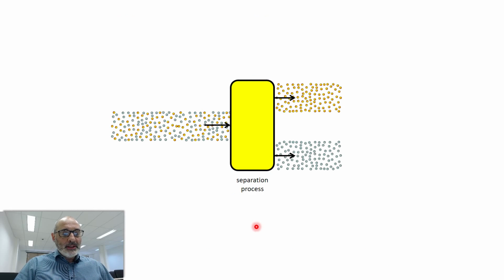So let's think from a more generic point of view. A separation process is something, I'm not showing what this something means, but it's something that separates, let's say, those blue dots from the golden dots here. So that's the separation process.